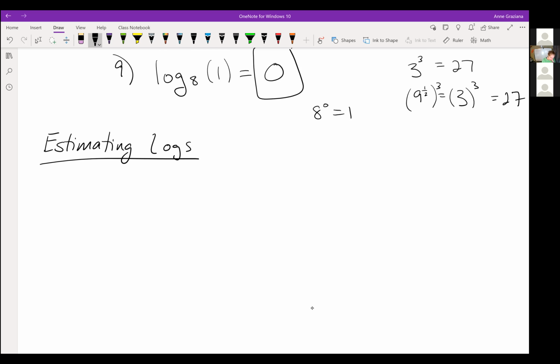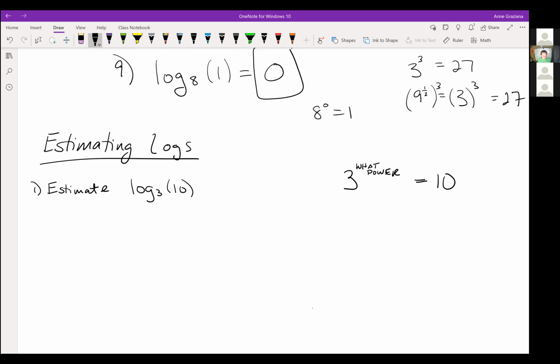So let's estimate log base 3 of 10. What I'm really asking is, 3 to what power will equal 10? What power can I put on 3 that equals 10?